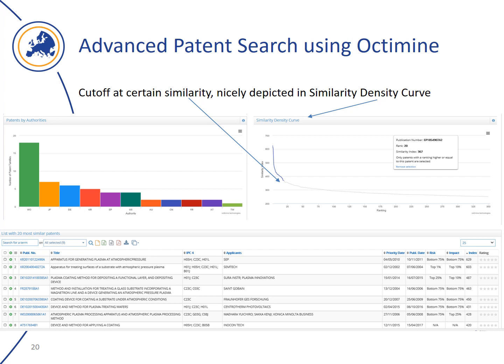Here you have also on the upper left side a depiction of the certain countries or patent offices, authorities. So in green, most of them are world applications or PCT applications.